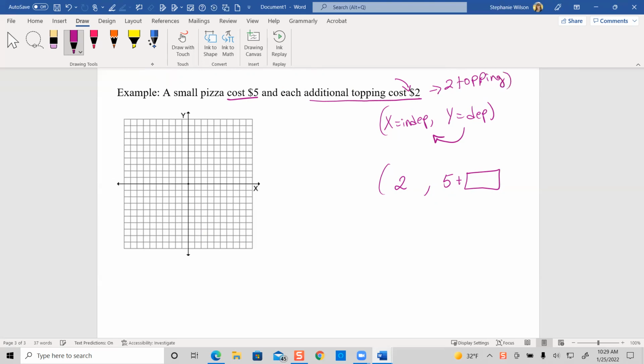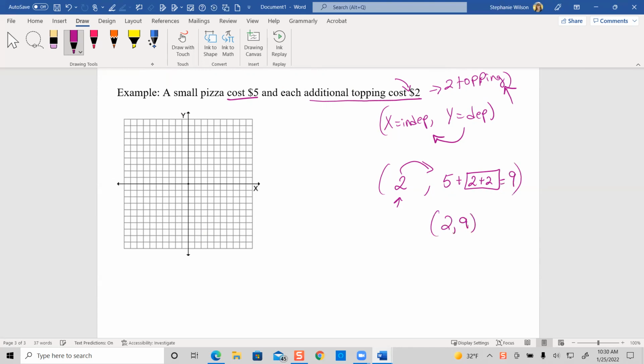Then that means x is 2, because each topping is $2. Then that means I got to add 2 however many times I need to show for the toppings. So if we're adding 2, I'm going to put $2 plus $2 here, which is a total of 9. So this ordered pair is 2, 9.